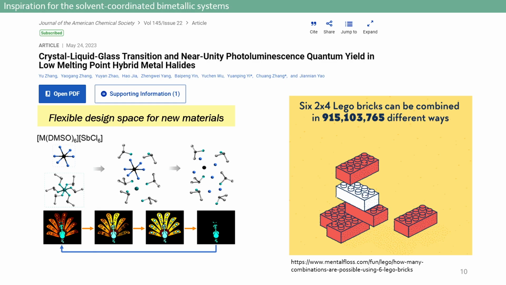In this work, they reported the crystal to glass transition and also very high emissive photoluminescence from the antimony unit. So we got immediately intrigued by this family of materials, because for perovskite the A component is just a small cation, but in this system it's a complex itself, so you have more variety to look at different structure families and new potentials.